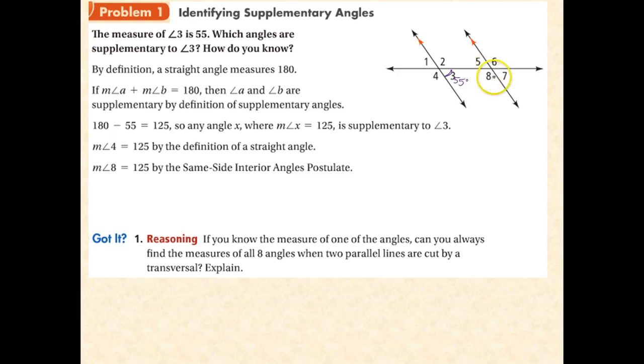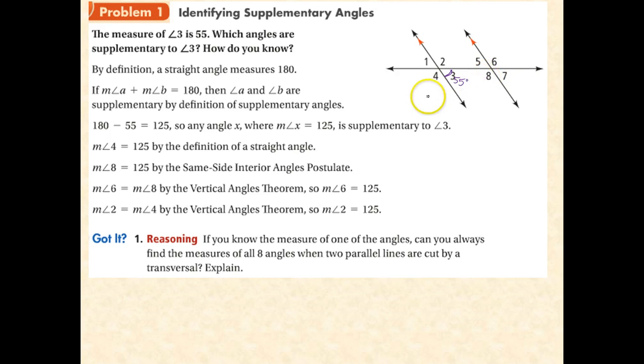The measure of angle 8 is 125 degrees because the measure of angle 3 and the measure of angle 8 have to add up to 180. So 3 and 8 are supplementary. And then the measure of angle 6 equals the measure of angle 8 because they're vertical angles. The measure of angle 2 is equal to the measure of angle 4 because they're vertical angles.